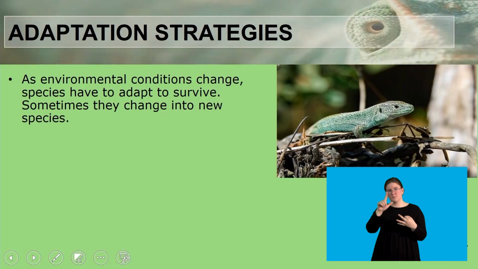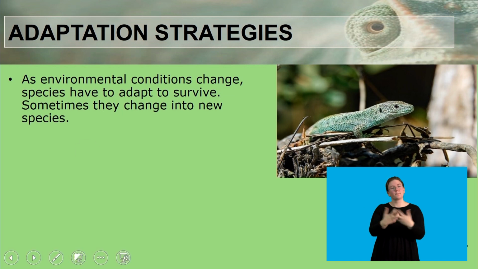In this part of the lesson, we are looking at adaptation strategies, namely three: mimicry, camouflage, and migration. So here we are basically looking at adaptation strategies in animals. As environmental conditions change, species have to adapt to survive.